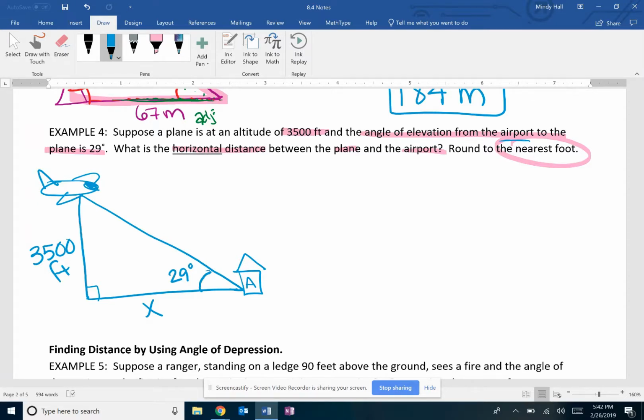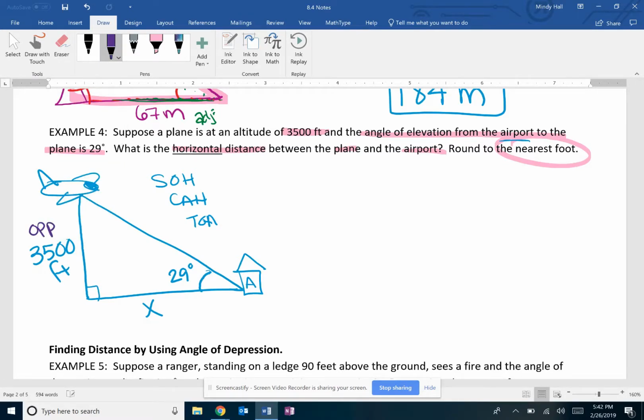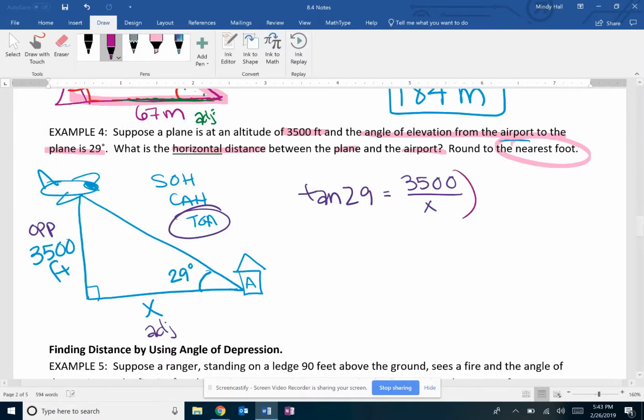So again, we're using SOHCAHTOA. So 3,500 feet, I notice, is my opposite side, and X is my adjacent side. So again, we're going to be using tangent. So tangent of 29 equals opposite over adjacent. And so to solve this, we would have to first multiply by X on both sides to get it out of the denominator.